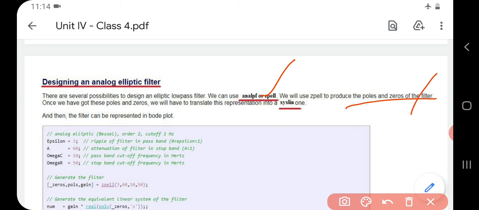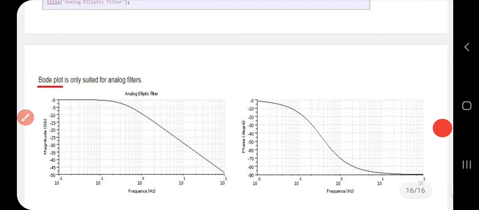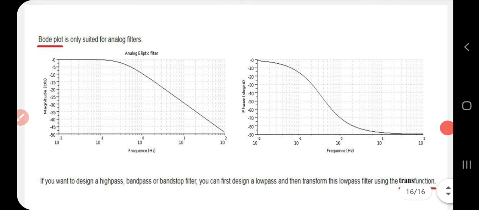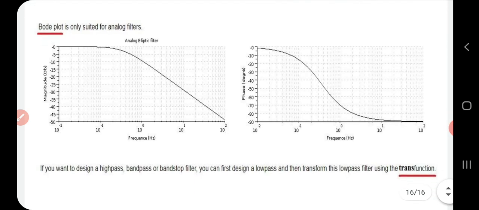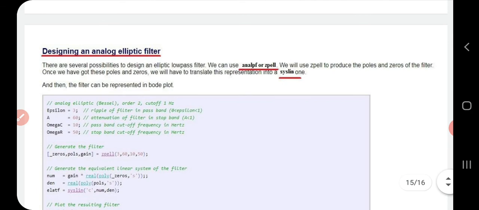And once you achieve the poles and zeros necessary for designing an elliptic filter, we translate this into a system function, and using the help of a Bode plot. A Bode plot is just a graph like this, magnitude and frequency versus graph. We draw the Bode plot, and then we use the transfer functions and all to make the particular design. So no need of studying all this, just mention the names of these programs.